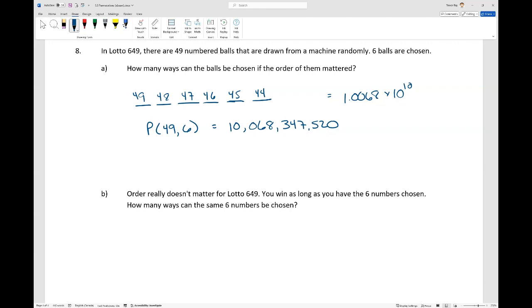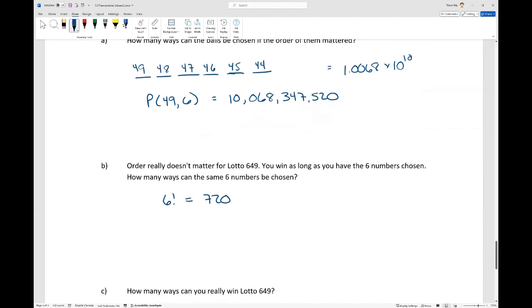Either way, all we're doing is arranging 6 numbers. So that's going to be 6 factorial, which is 720. So there's 720 tickets that could have the same 6 numbers on them, just written in different orders, if, again, the order of the numbers mattered, which it does not.